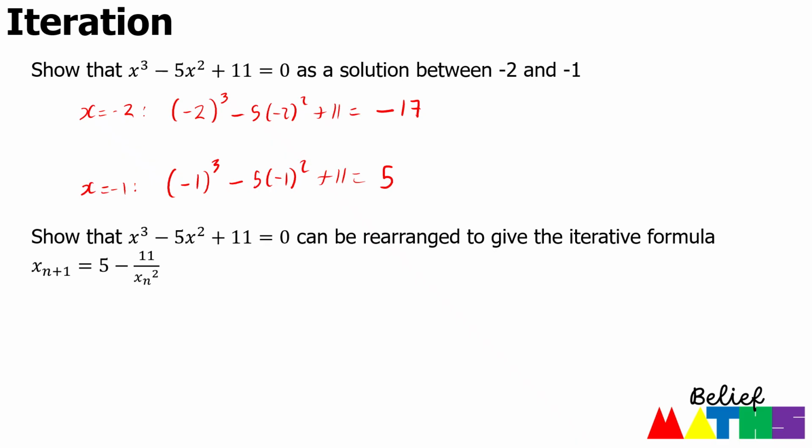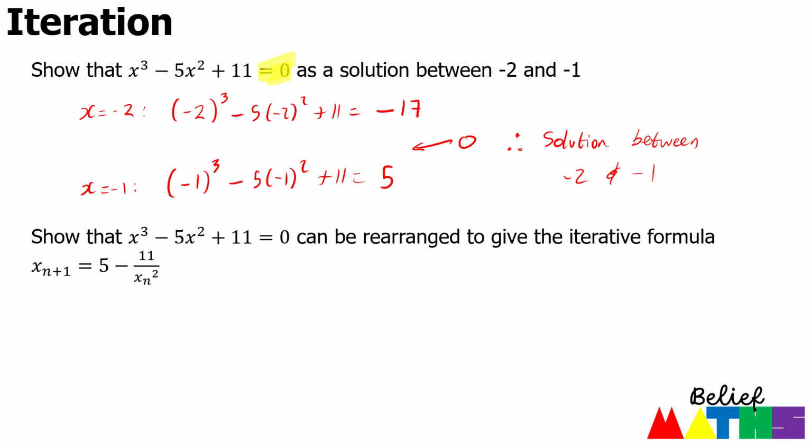Now it asked us to show that it has a solution between those two, and it said the equation is equal to 0. So therefore, because 0 is in between those two values, there is a solution between -2 and -1. Okay, because 0 lies between those values of -17 and +5.